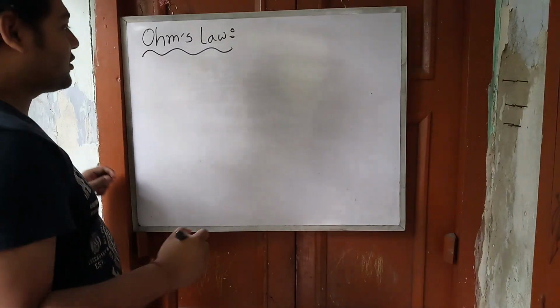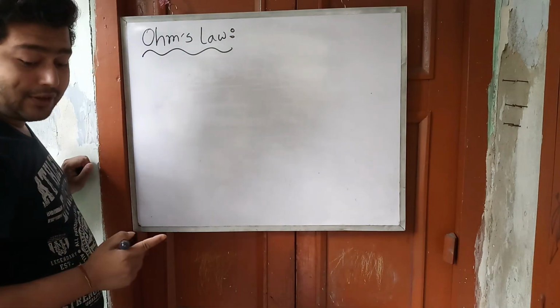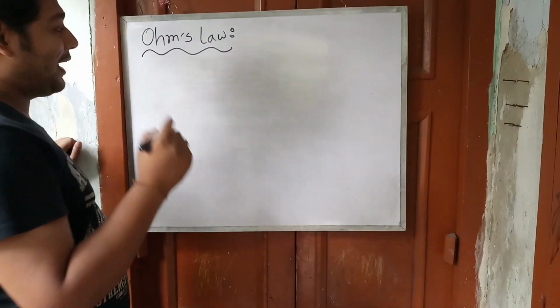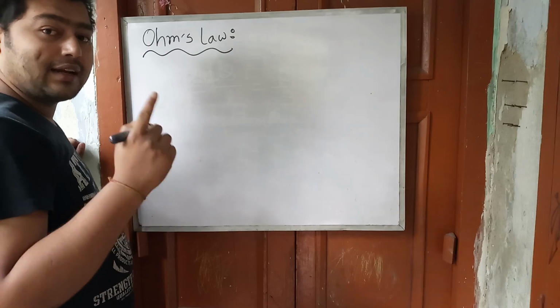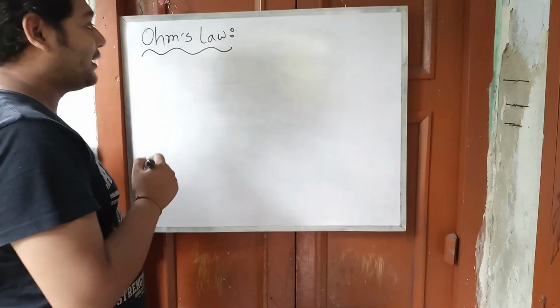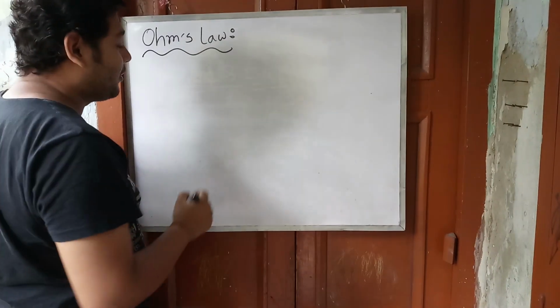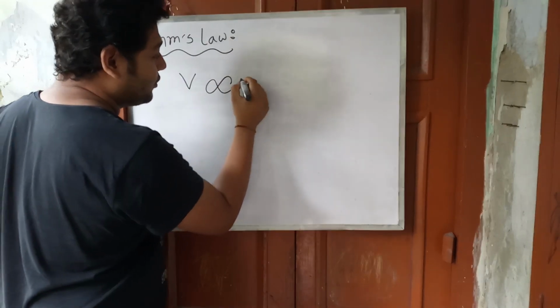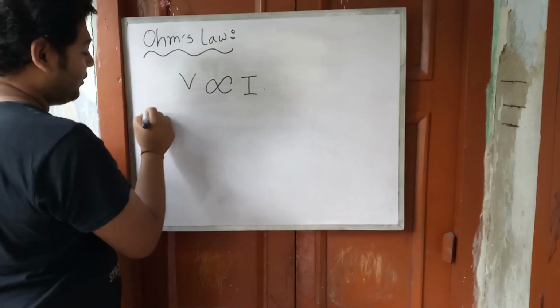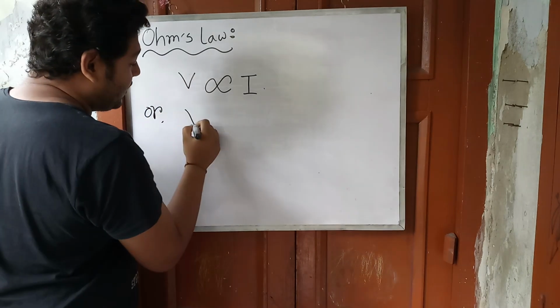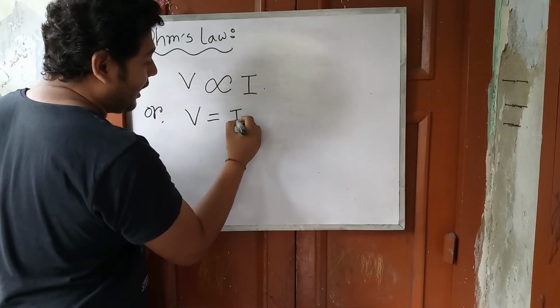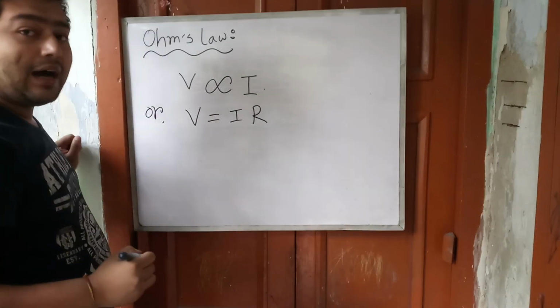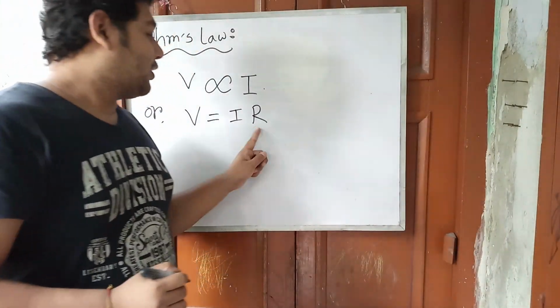By the definition, if we denote potential difference as V and current as I, then according to this law we can write V is proportional to I. Then we can write V equal to IR. Here R is a constant.